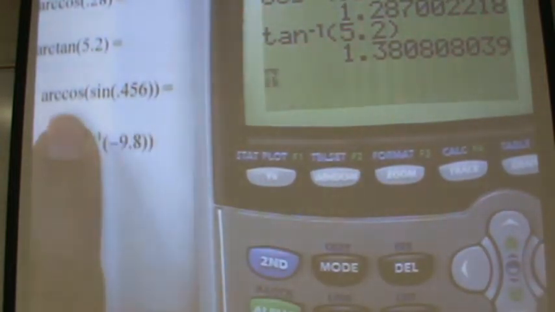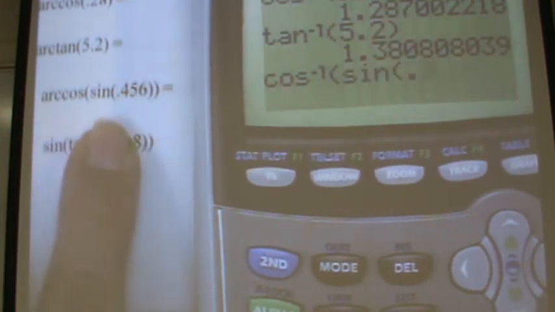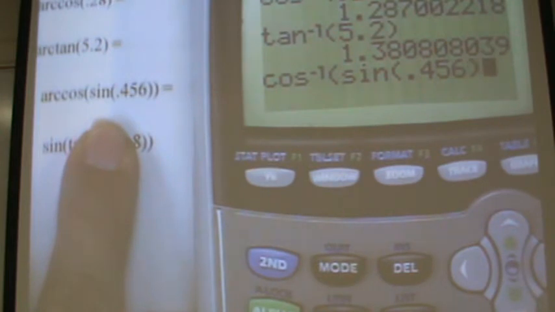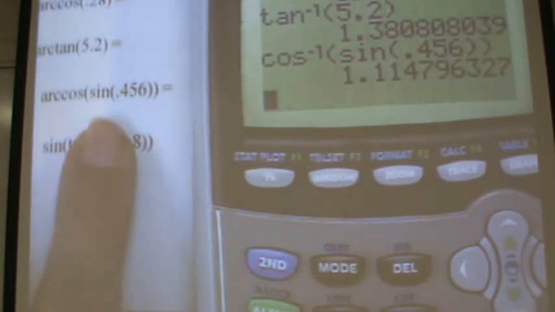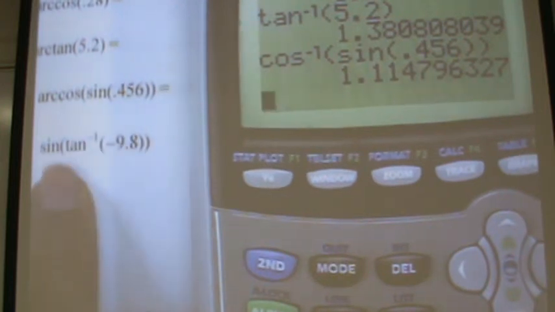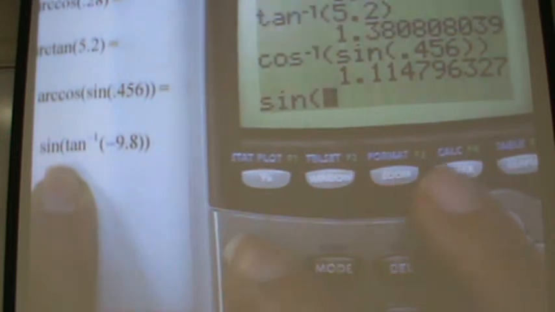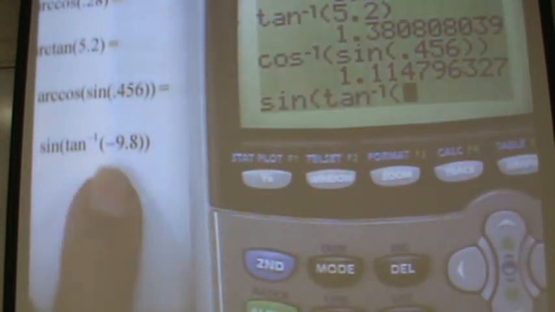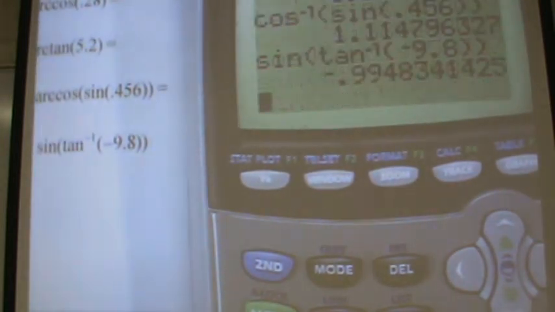Arc cosine and then sine 0.456. And the last one, arc tangent, negative 9.8. Very easy. That's that answer, negative 0.9948.